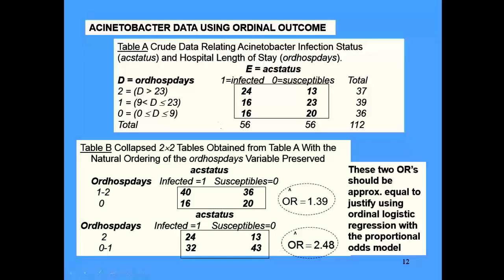I said these 2 odds ratios should be approximately equal to justify using the ordinal logistic regression model with a proportional odds model. Are they approximately equal? They're terribly not equal, right? So it looks like if I wanted to do this analysis with the crude data, I couldn't do the proportional odds model. I'd have to do something else, like polytomous or something like that.